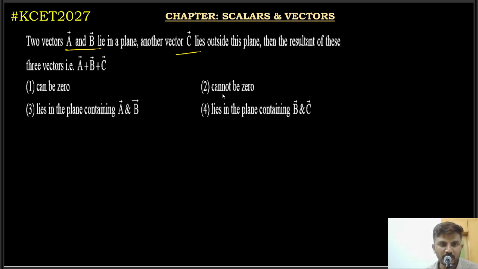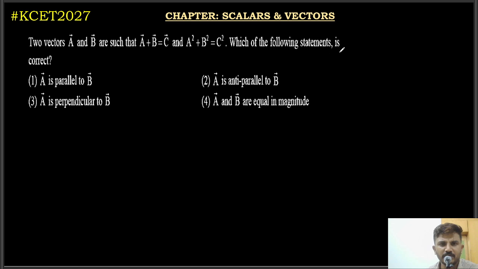When one of the vectors is out of plane, then the sum cannot be 0. Option 2 is correct.